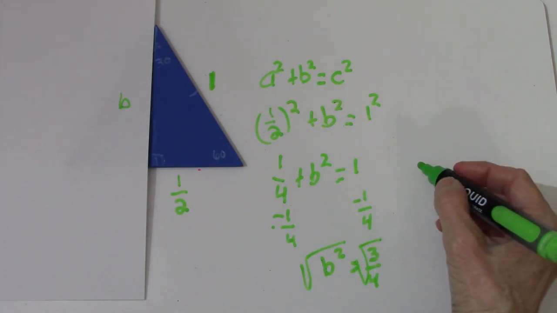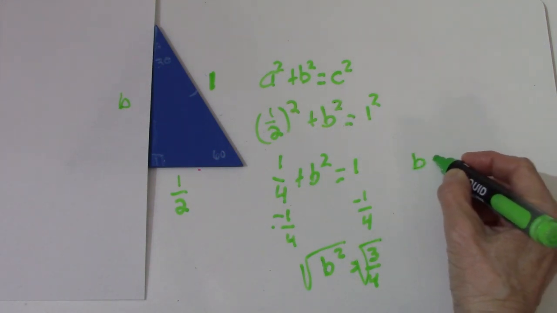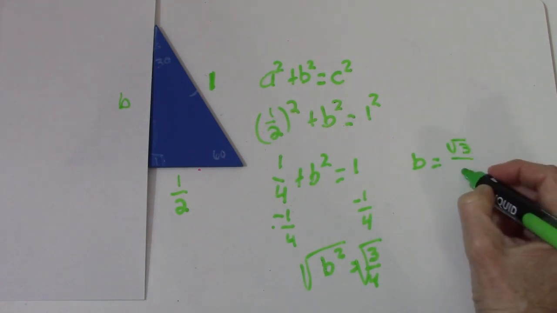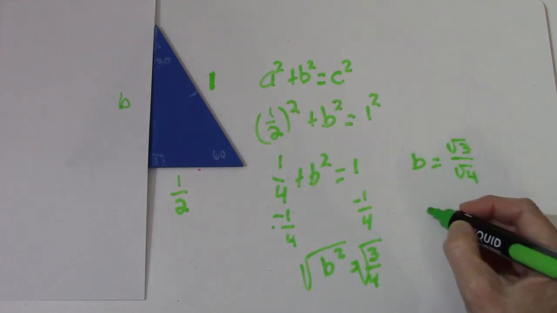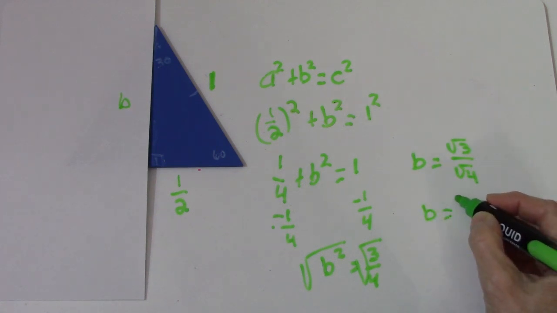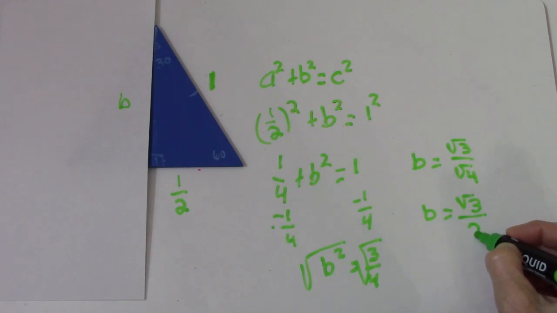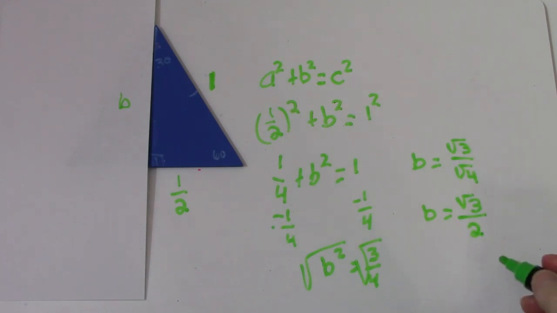So that leaves me with b equals, split it up, the square root of 3 over the square root of 4, and so b equals the square root of 3 divided by 2. Or, in other words, it's 1/2 times the square root of 3.